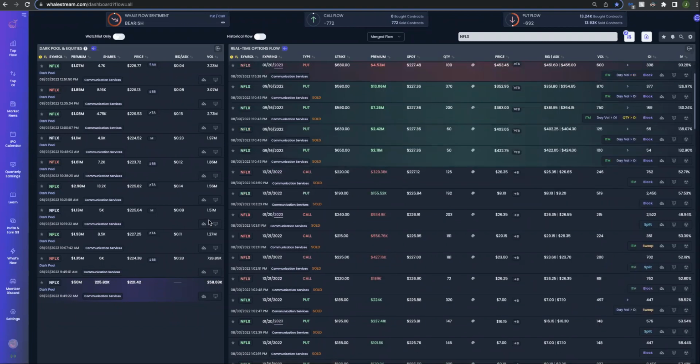We can't see if it's a buy or a sell, and we can't know for sure, but based on the documentation we've examined, we determine that this one was below bid, so this was a sale. This one was towards the ask, so it's an assumed buy. This one was right in the mid, so there's no sentiment, and we color them based on whether we believe they're a buy or a sell. But again, these are just assumptions. They are not a true sure thing.